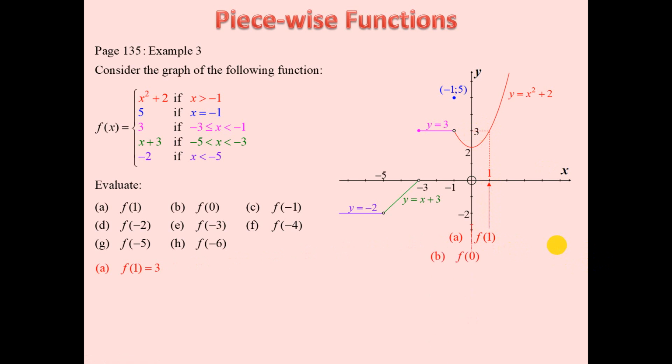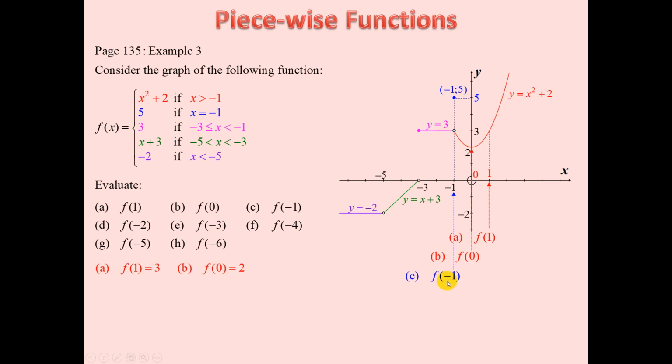F of 0, the next one, well, that goes straight up to the y value of 2. So therefore, f of 0 is 2. F of -1, it goes to that point, but that's an exclusion point, so therefore it keeps going up to the point -1, 5.